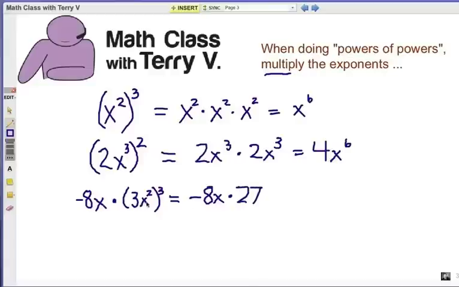And then we have x squared raised to the third power, and that's where we do powers of powers, multiply the exponents to be x to the 6th. Now to finish the problem, we do negative 8 times 27, which is negative 216, and we do x to the 1st times x to the 6th, which is x to the 7th. Alright, that's the basic concept, powers of the powers.